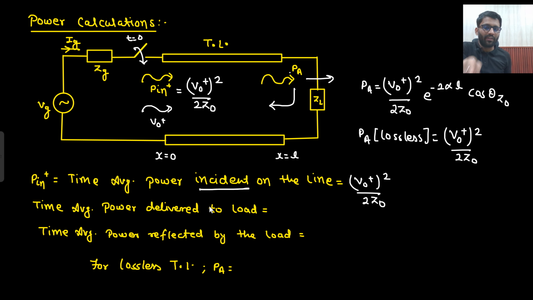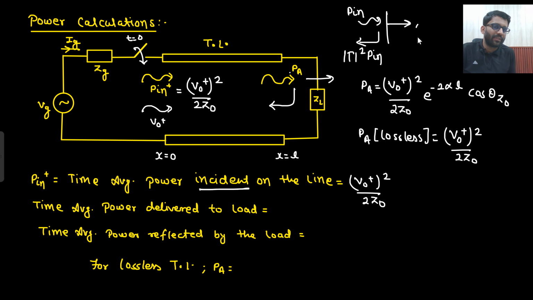So the time average power delivered to the load. Delivered to the load means it has been transmitted. In EM waves, what we were studying, that some power is coming, we used to call it P in. Then I used to say some power will be reflected back and some power will be transmitted in the other medium. How did we write it? How much power will be reflected back? Gamma square P in.